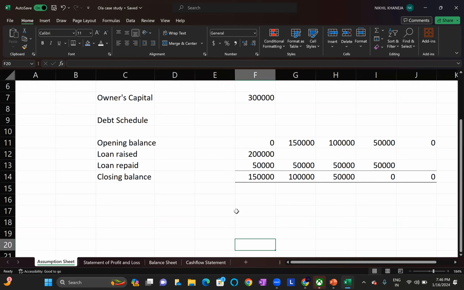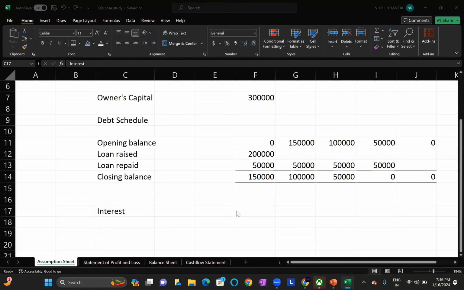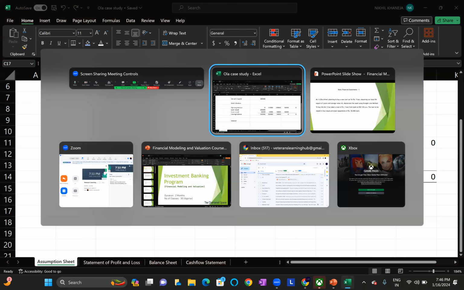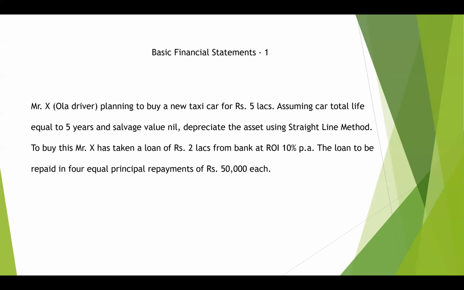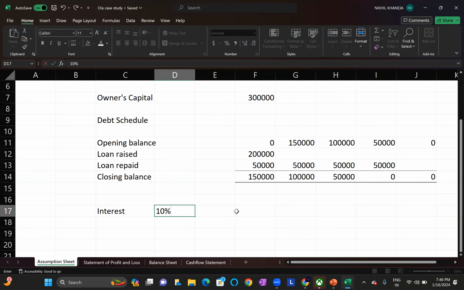Now I'll be calculating interest amount. The loan has been taken at a rate of interest of 10% per annum. So now what could be the interest amount?